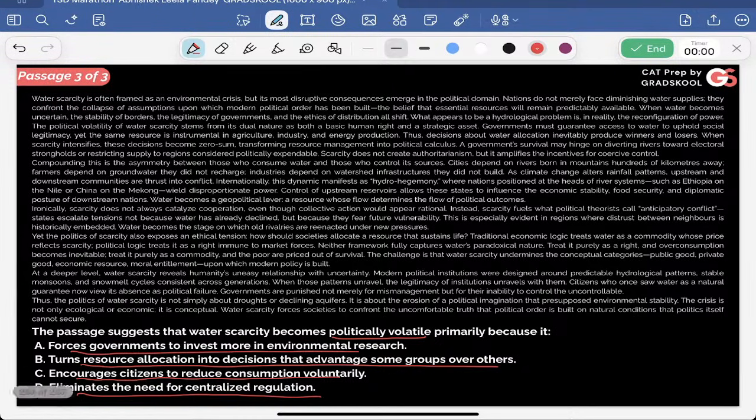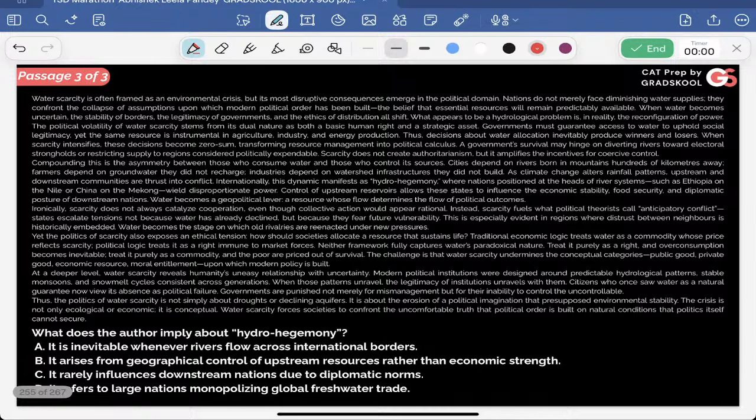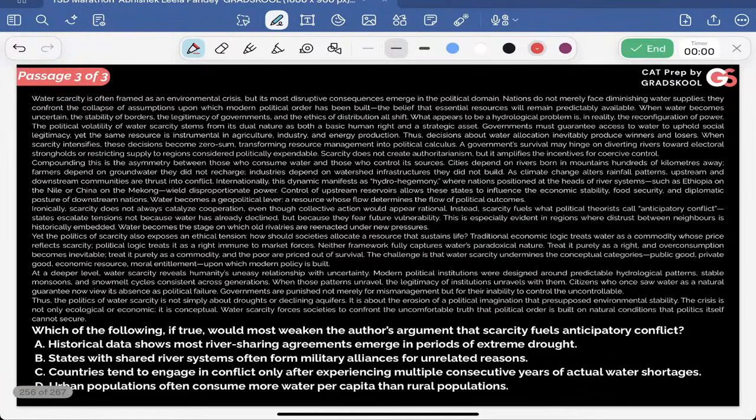Now, second: what does the author imply about hydro hegemony? Wherever they imply, we'll read that part. For now I'm not reading its options. Which of the following, if true, would most weaken the author's argument that scarcity fuels anticipatory conflict? Anticipatory is something going to happen in future. So scarcity fuels anticipatory conflict.